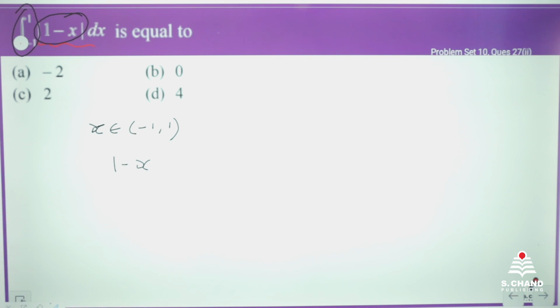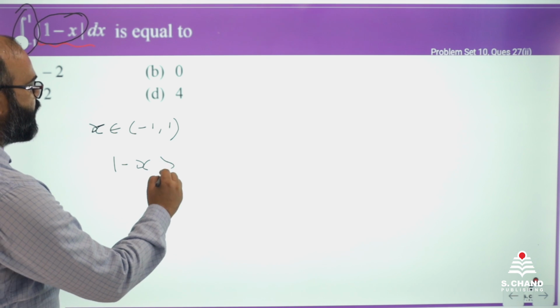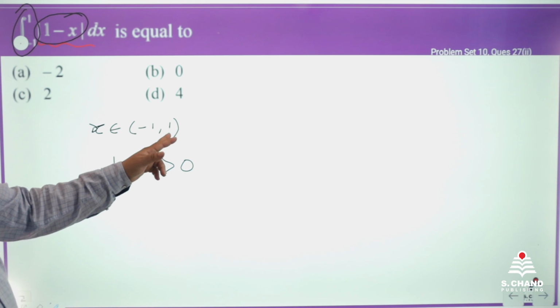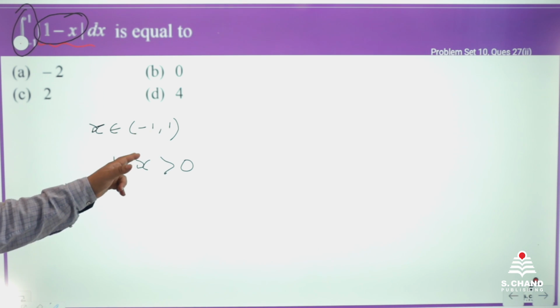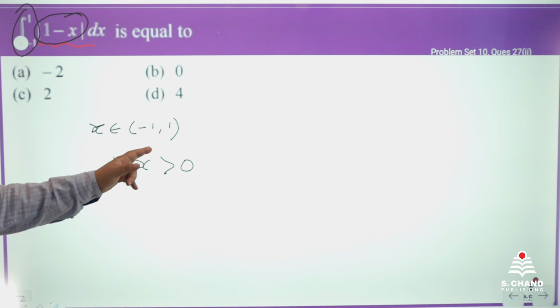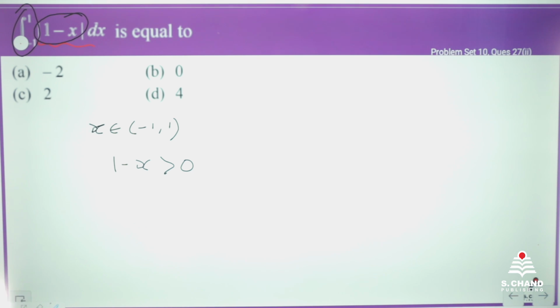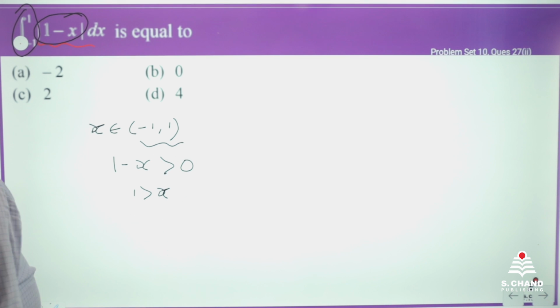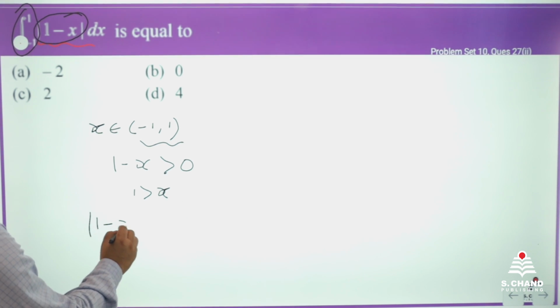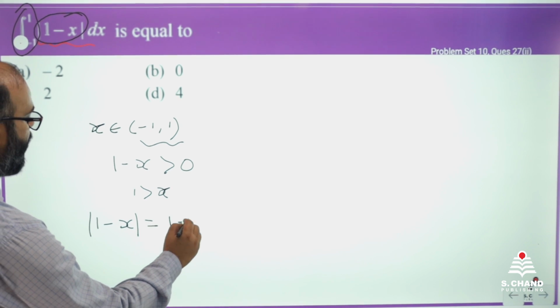Can you tell something about its sign? So 1 minus x will be greater than 0, because at 1 it will be equal to 0, and for all the values less than 1 it will be greater than 0. So from minus 1 to 1, 1 minus x is greater than 0, as we know that here 1 is greater than x in this interval. So in such a situation, this mod of 1 minus x can be simply written as 1 minus x.